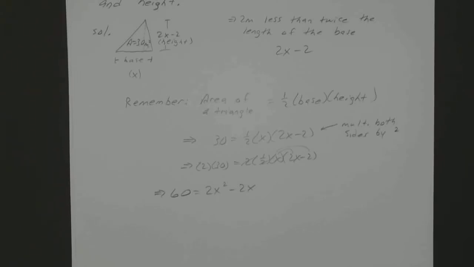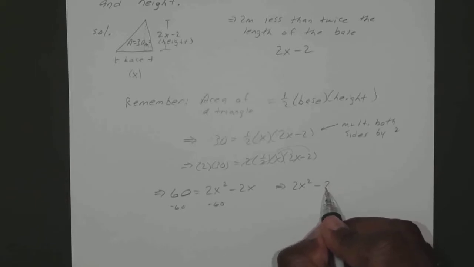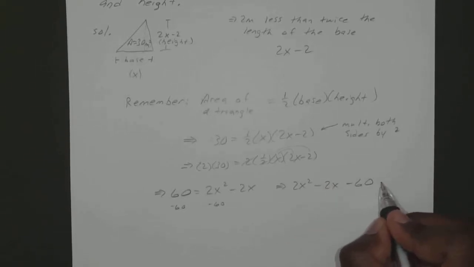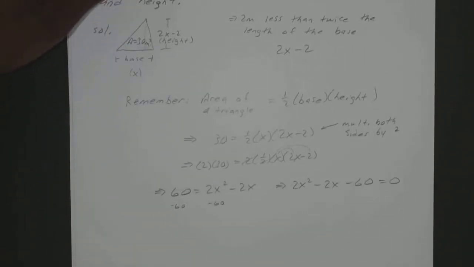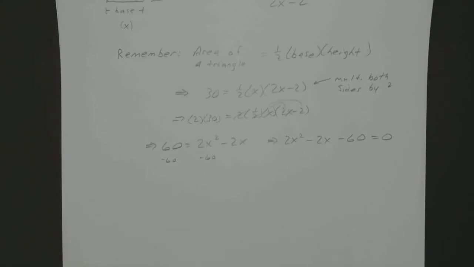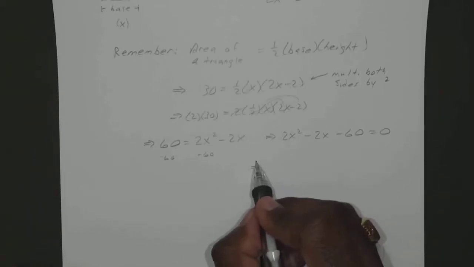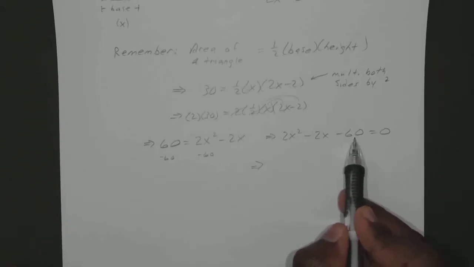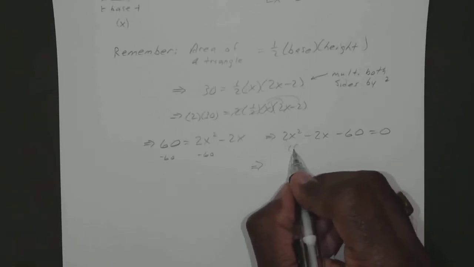Okay. So if we subtract 60 from both sides, we end up with 2x squared minus 2x minus 60 equals 0. Okay. So now this is where we solve. But before we solve, we can factor a 2 out of all of those terms.